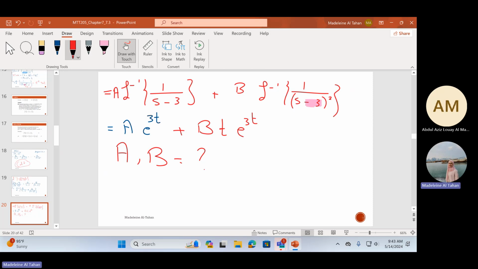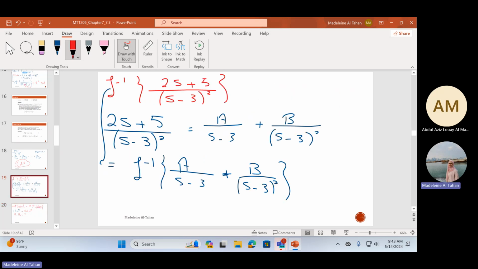Okay, miss, we need to find A and B. So go back to this one. Do common denominator and get A and B. So the last step now is finding A and B. Please start with this one.